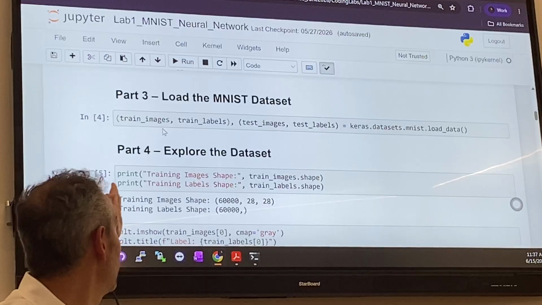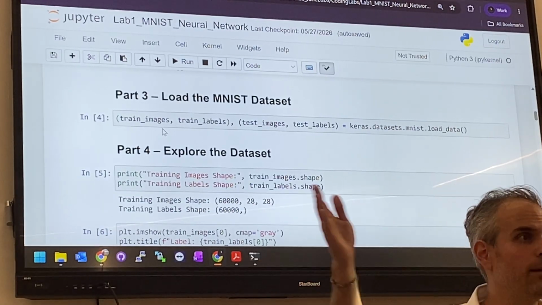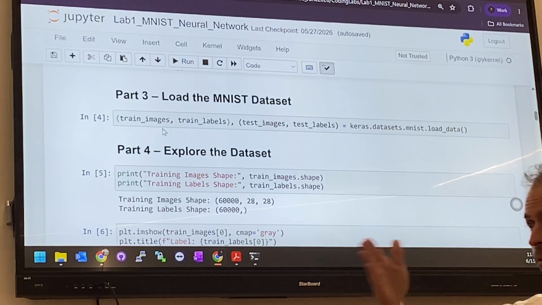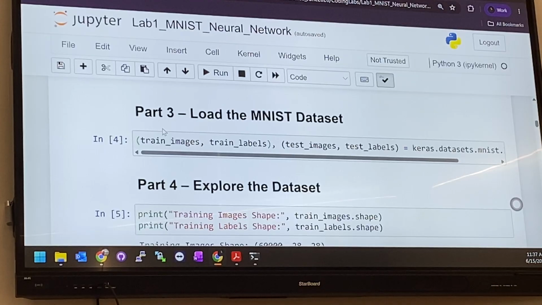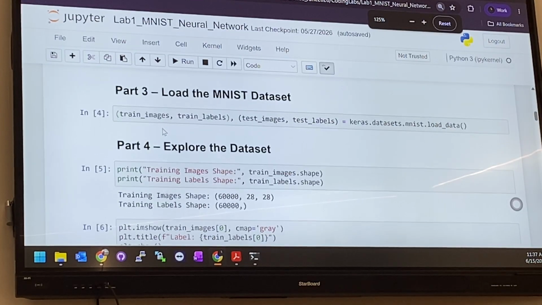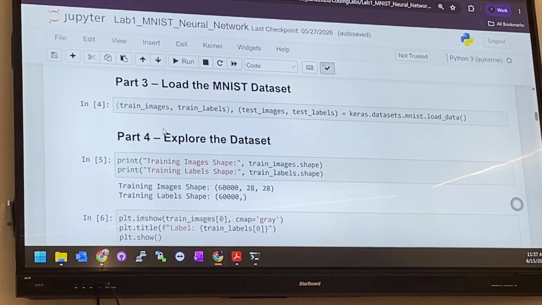The training images will be used for training, the test images will be used for testing. The labels, training and testing, will be used accordingly too. How many data sets do we have here? We are not splitting, as we mentioned. Usually we have a full data set and we have to split it into training, validation, and testing. Here we are just using the load data function that comes with the Keras data set.